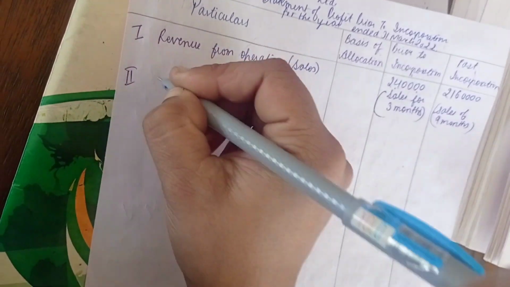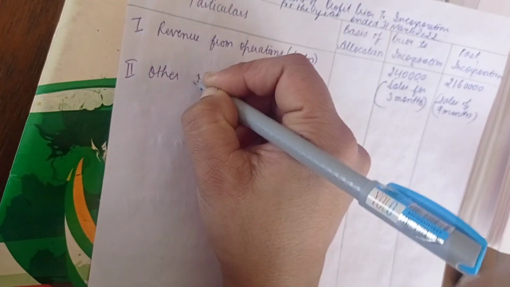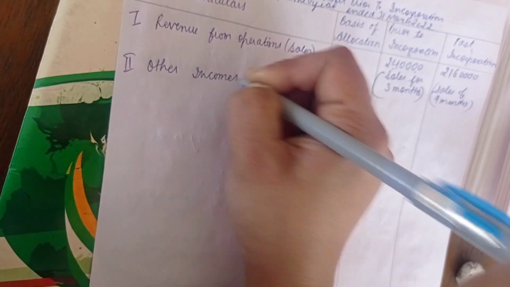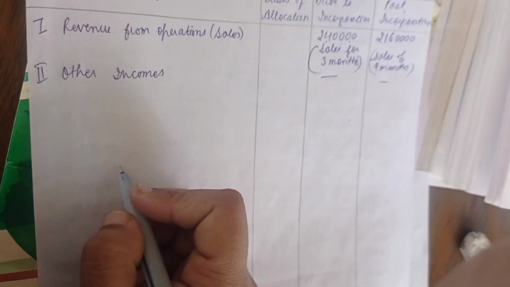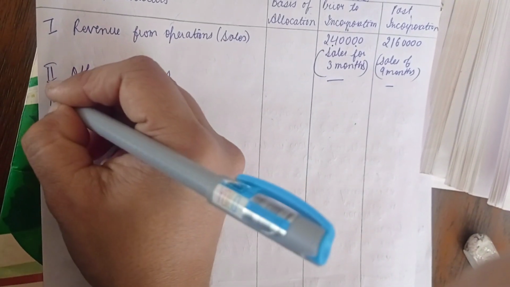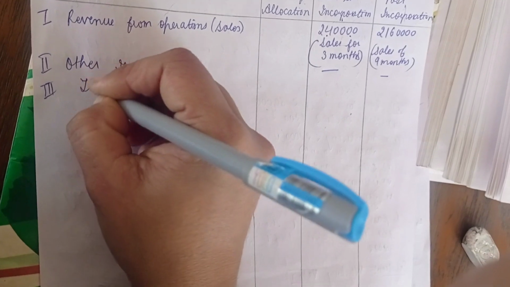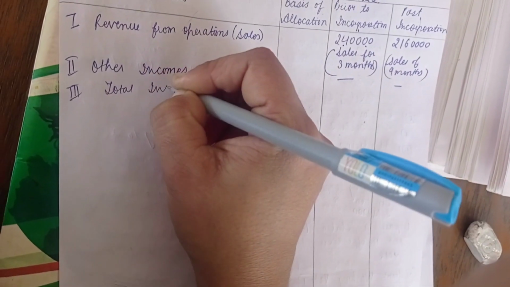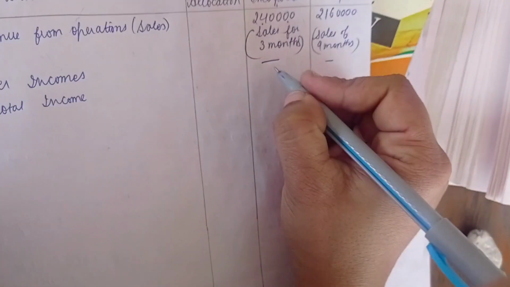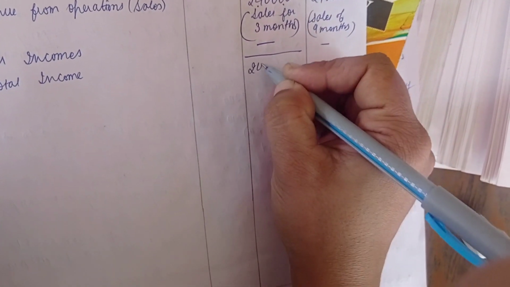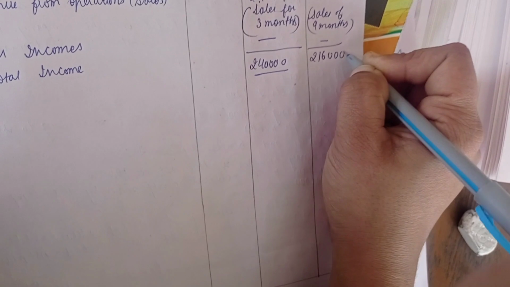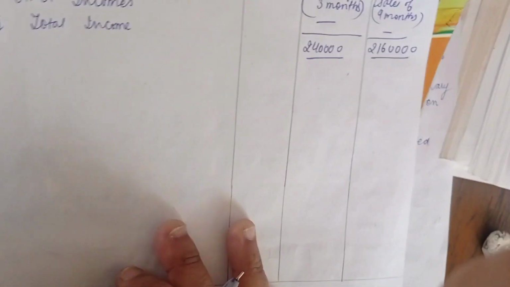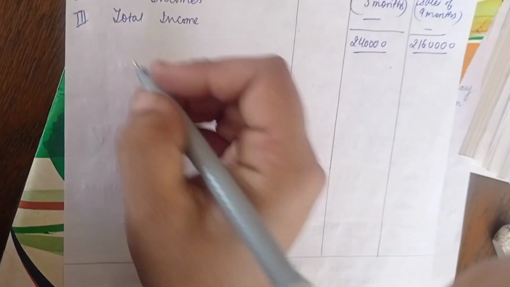Now second is other incomes. Other incomes are not given to you in the question, so this is nil. Right? Now we can calculate the third, total income. That is 2,40,000 rupees and 21,60,000 rupees. Now come to the expenses.